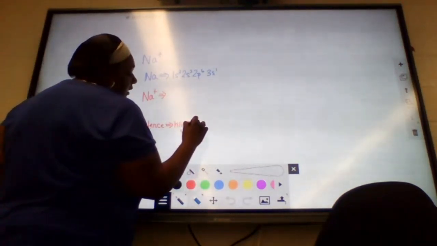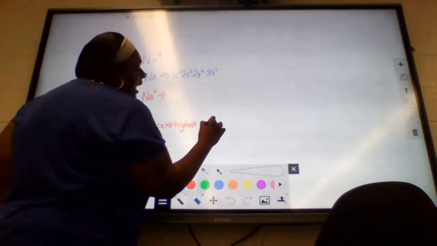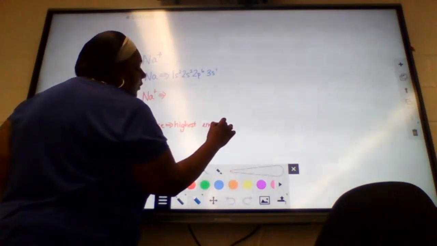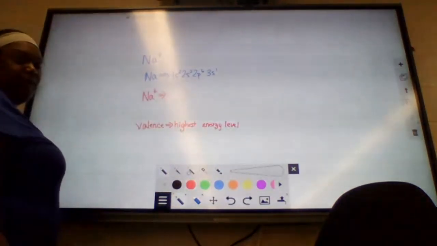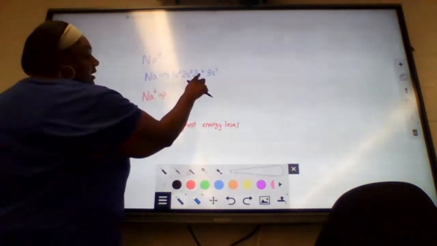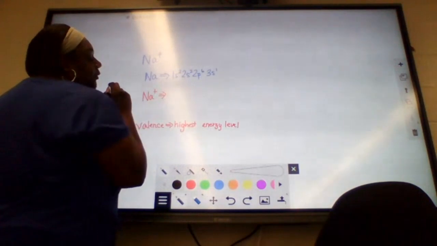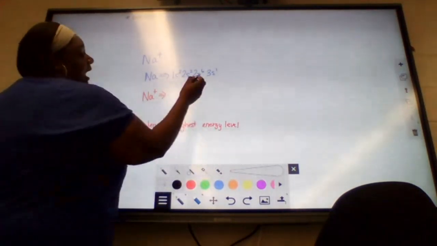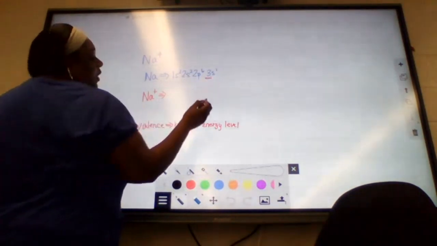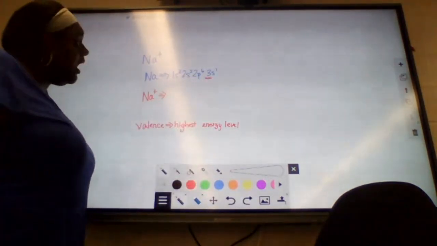Now, how do you know where your highest energy level is? Well, if you have a full configuration, you just look at the big numbers that you have. And remember, only your S and P are included in your valence. And so the highest big number that we have is a 3.